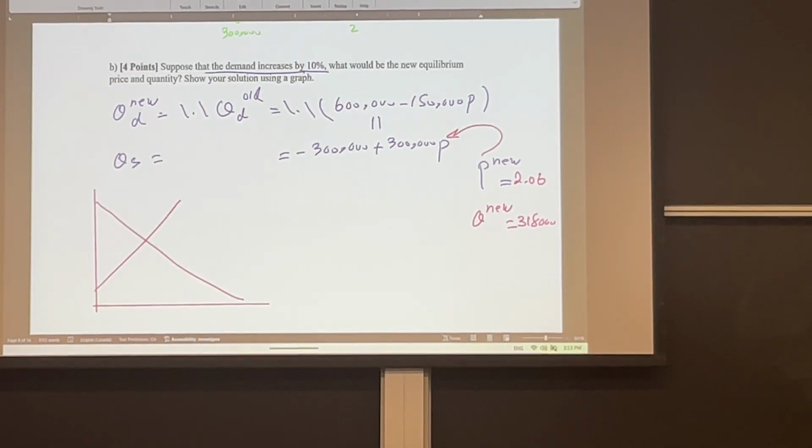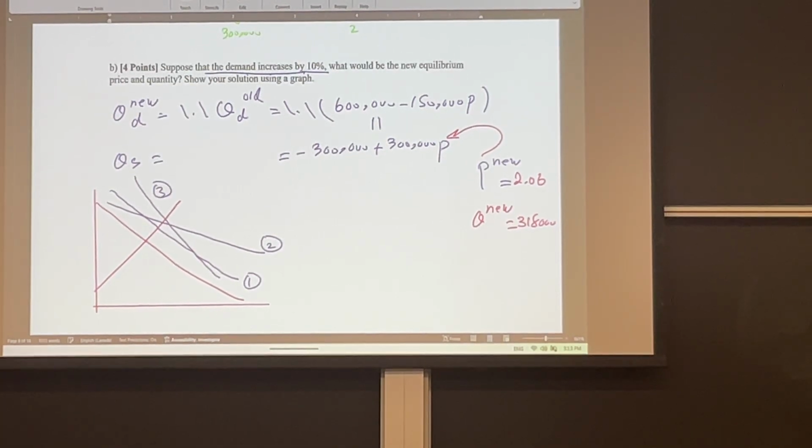Should I graph it this way? I give you 3 options. That's 1. Should I graph it this way? That's 2, or this way. Which one do you prefer? 1, 2, or 3? Which one do you think is appropriate for the new demand?